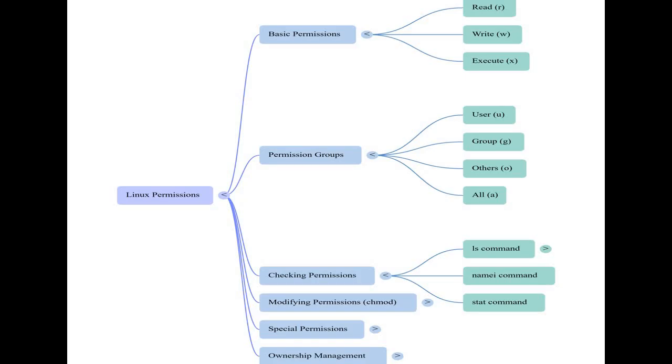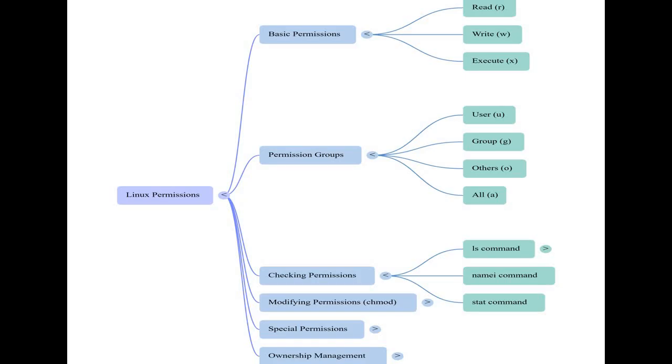Group indicates collection of users who share permissions. Others indicate everyone else other than owner and not in the group. For example, in a college laboratory, lab in charge is user of the lab. All the CSE department students are group members. Students from other departments belong to other category.